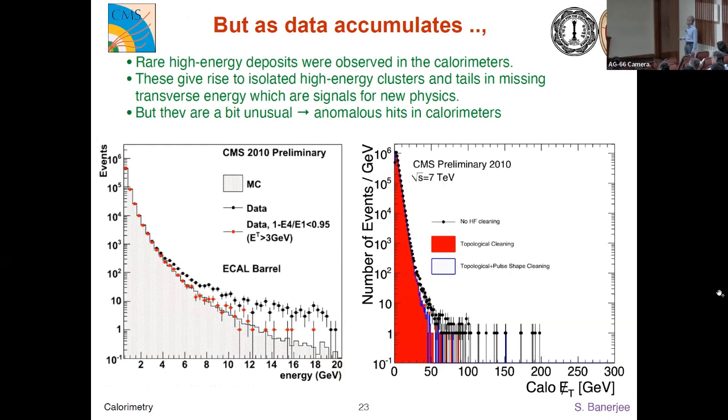But we had some surprises, and I will show two of them. In one, we were measuring the energies in the electromagnetic calorimeter, and we could not explain the energies in the calorimeter, the black points, with our best knowledge of the simulation.